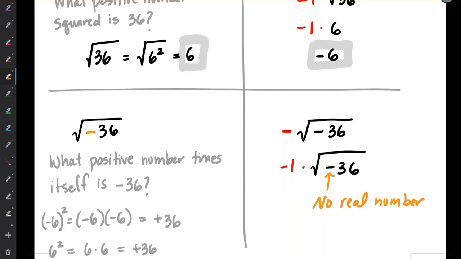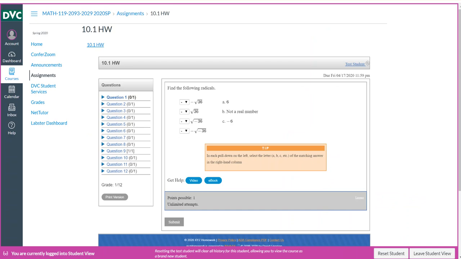So let's go ahead and look at what the drop-down menu looks like on the computer. So we're asked to match these. So minus 1 times the square root of 36 is minus 1 times 6, which is minus 6, which is C. Square root of 36 is positive 6, which is A. I have a minus on the inside of a square root, no real numbers.